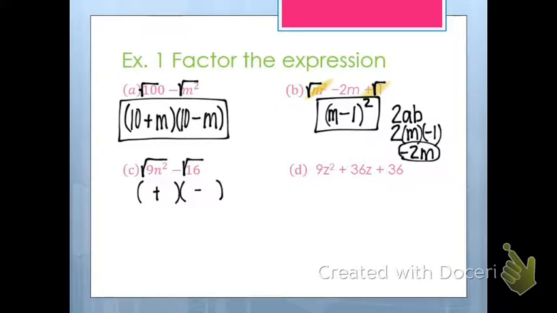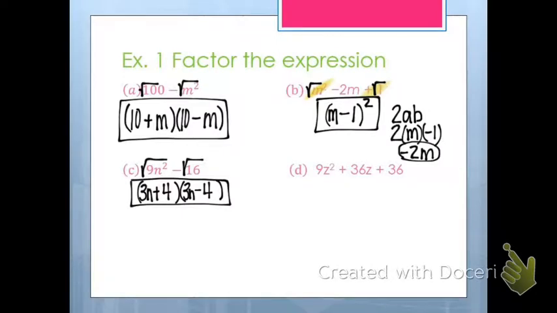Javon, what is the square root of 9n squared? Square root of 9n squared is 3n, so each binomial gets a 3n. Remember, you have to square root the entire term. And then what's the square root of 16? 4. So each parenthesis gets a 4, and there is my final answer.